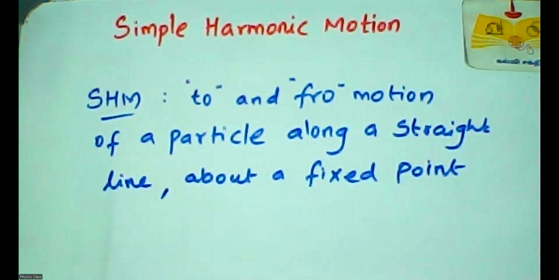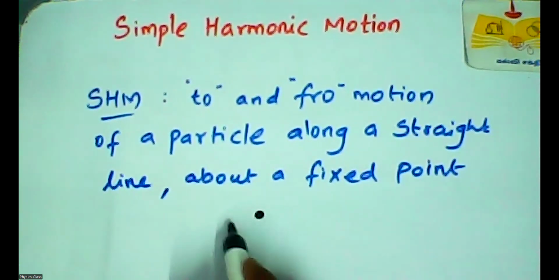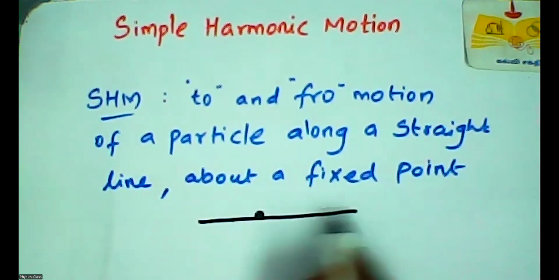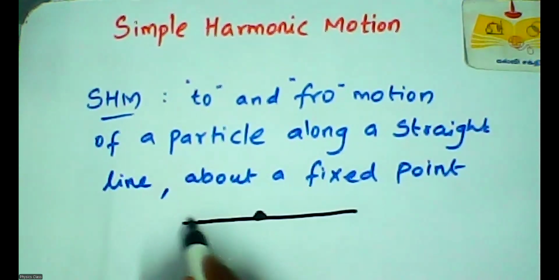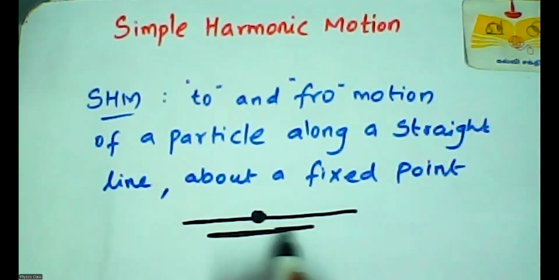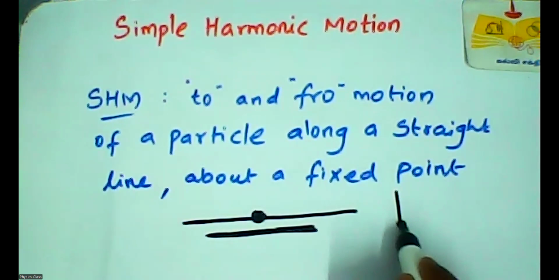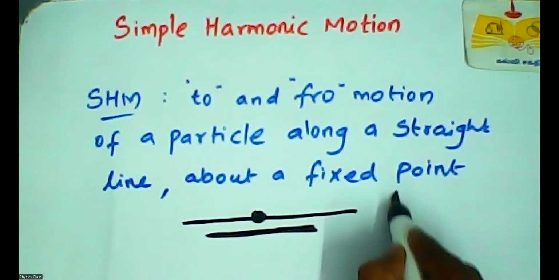That means, suppose we take one particle here. This particle moves in a straight line, but only to and fro.